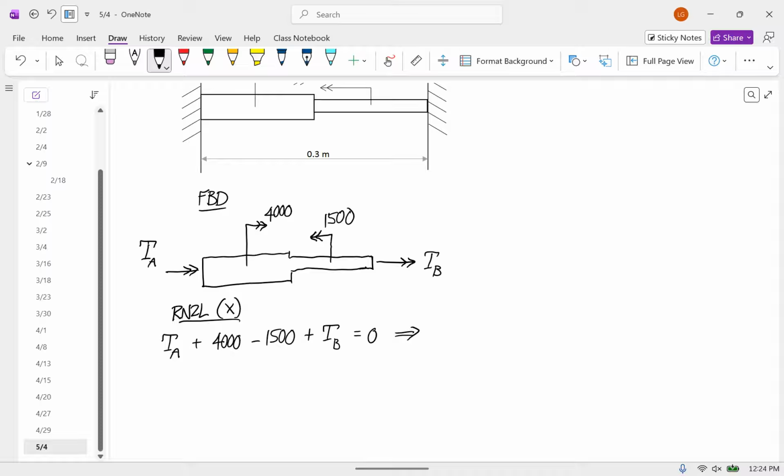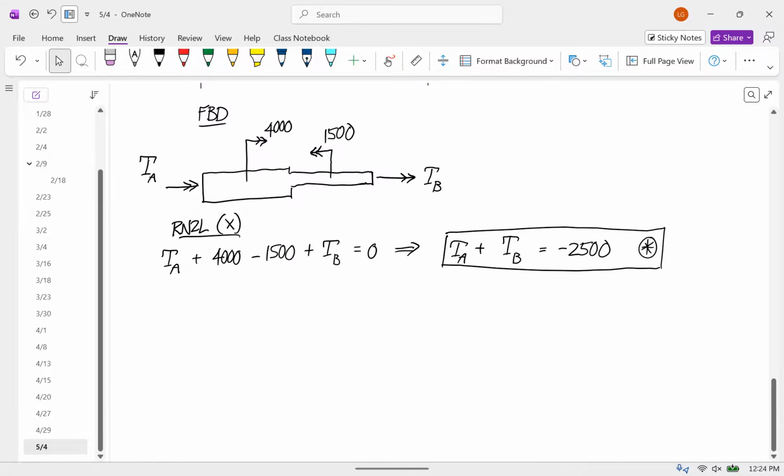And so fancy TA plus fancy TB is equal to negative 2,500. And that's all the statics we have. And it's one equation with two variables, so we can't do anything about that.